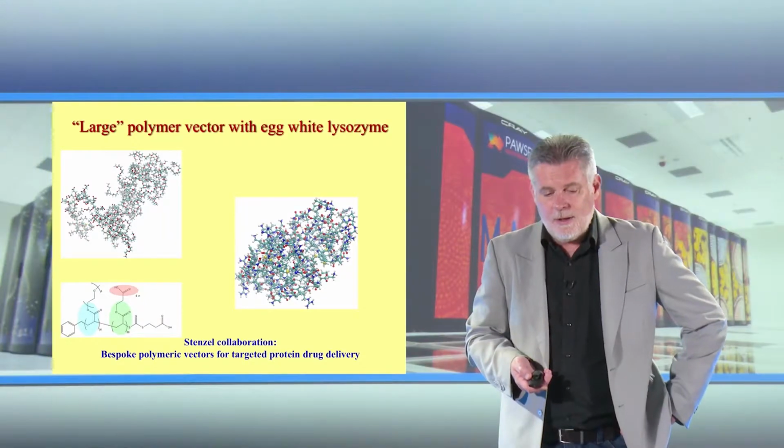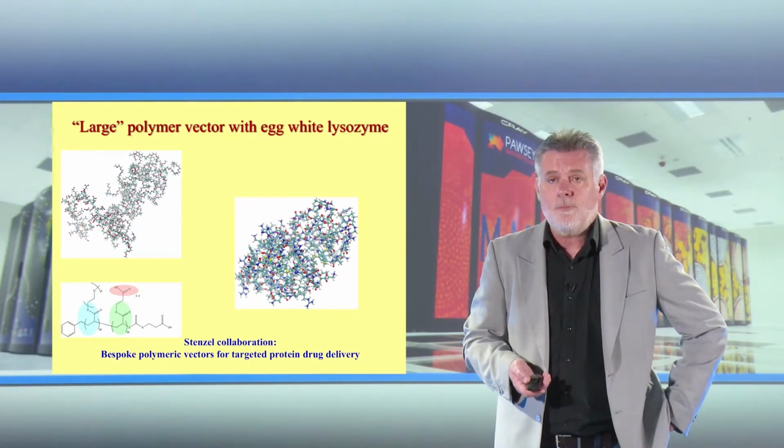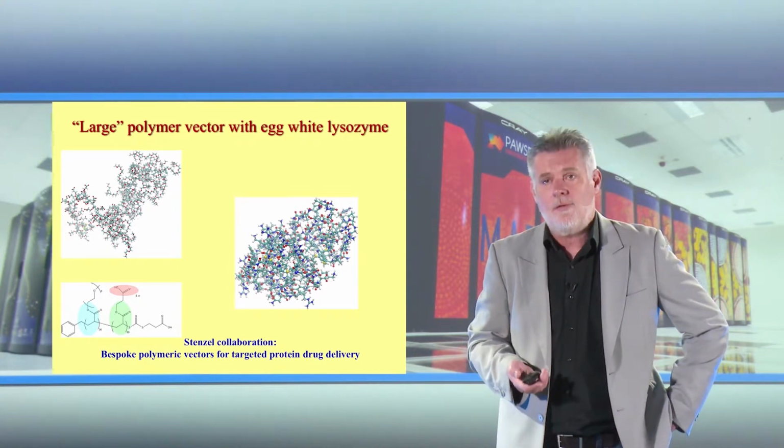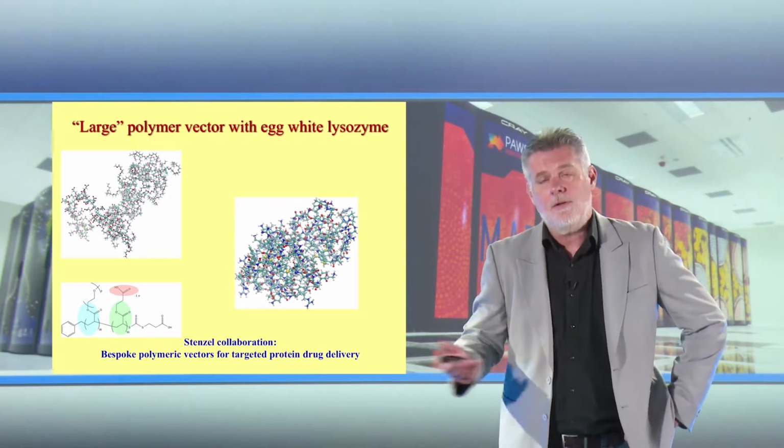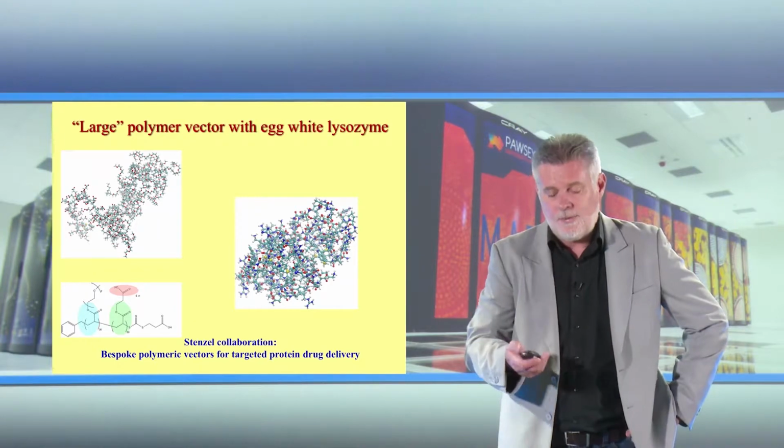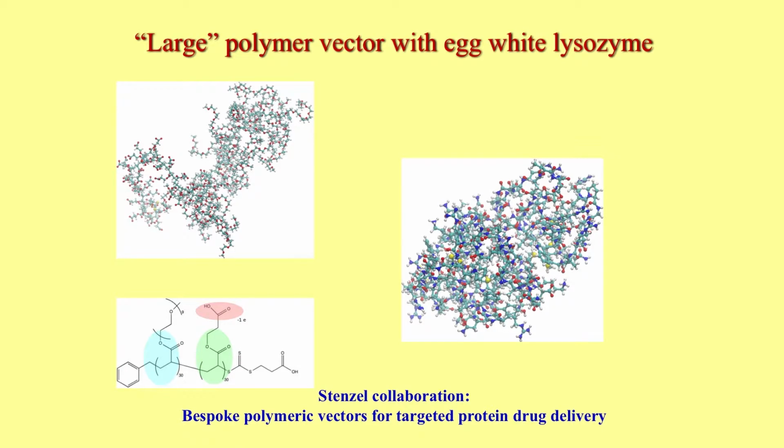Martina is designing bespoke polymeric vectors for delivering different types of drugs. In this particular case, the model drug she's using is a protein. It's lysozyme, egg white lysozyme. You see the little picture of the protein in the MD simulation in the top left, and then a schematic of the structure down on the bottom corner.